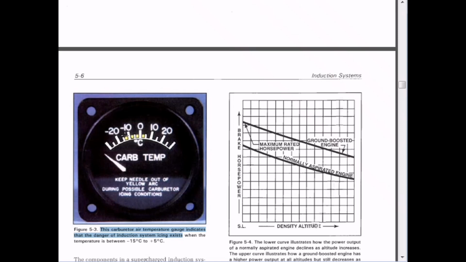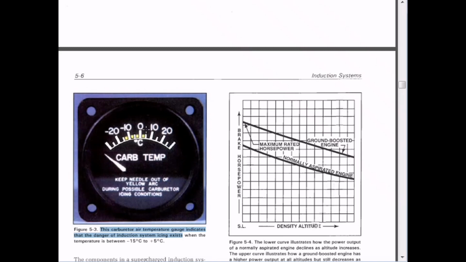But in this region from -15 until 0, there will still be some water vapor, and it is going to threaten your venturi. They are going to form ice in your pipeline, in your induction system.